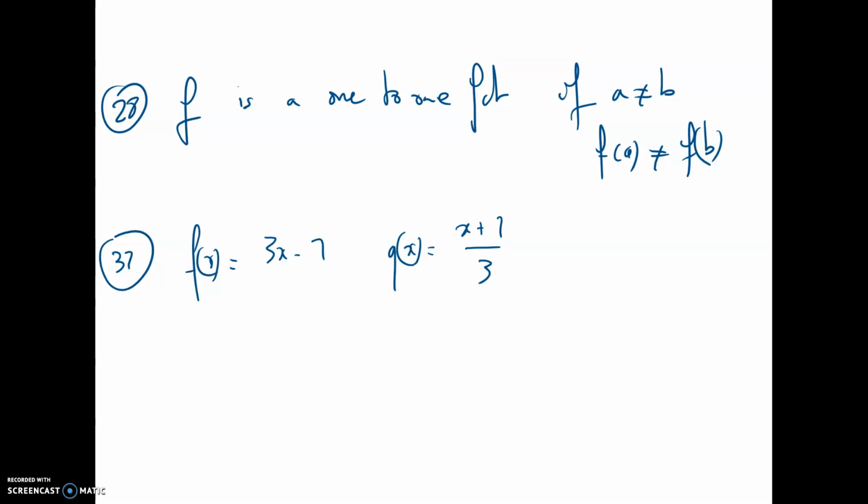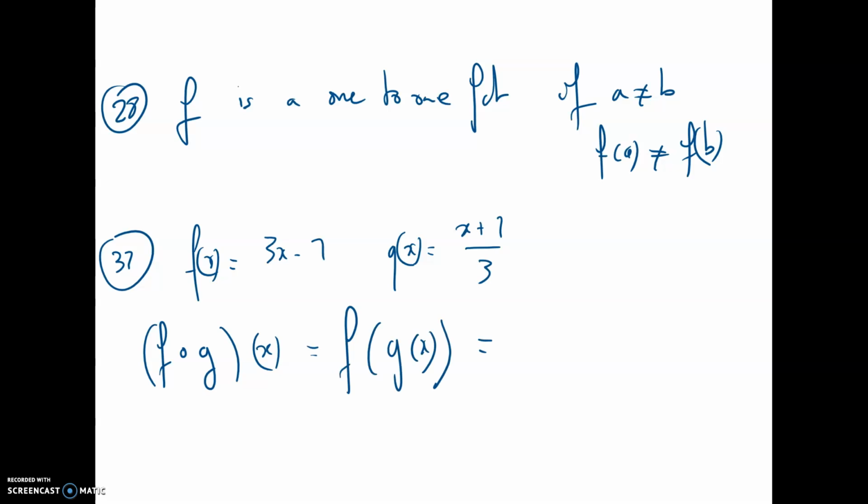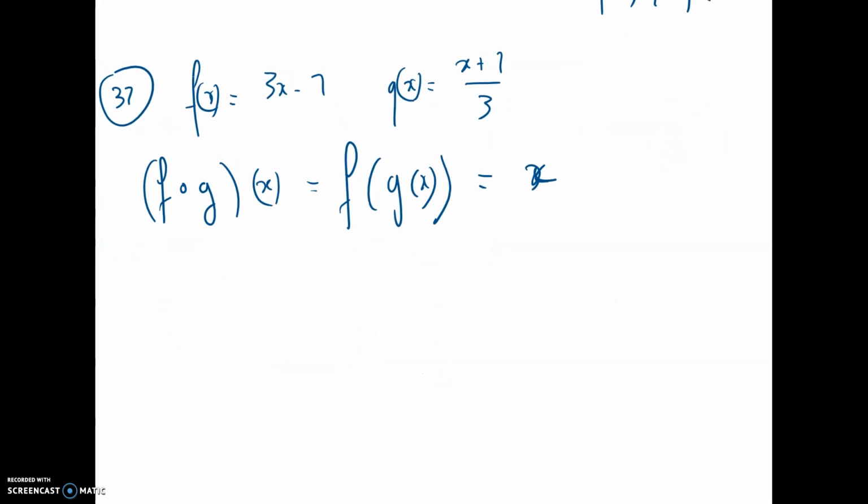If these functions are inverse to each other, I am going to calculate f of g of x, and at the end my answer should be x. If I don't have x, that means my functions are not inverses of each other. So to do that, I am going to take my function f right here.